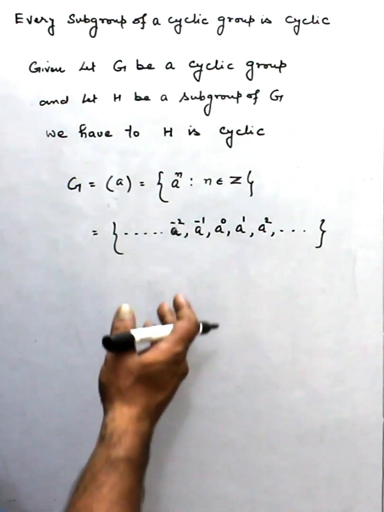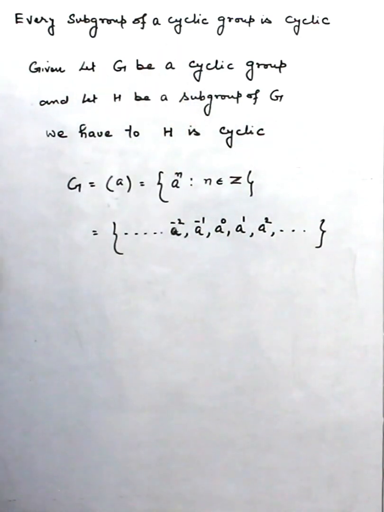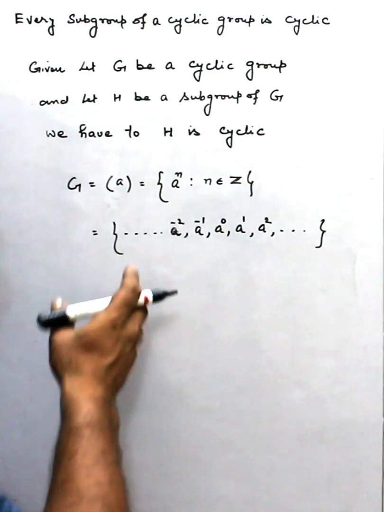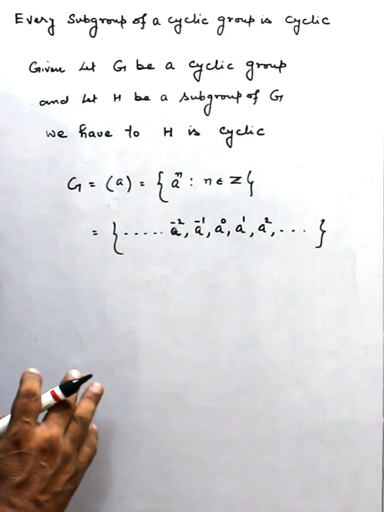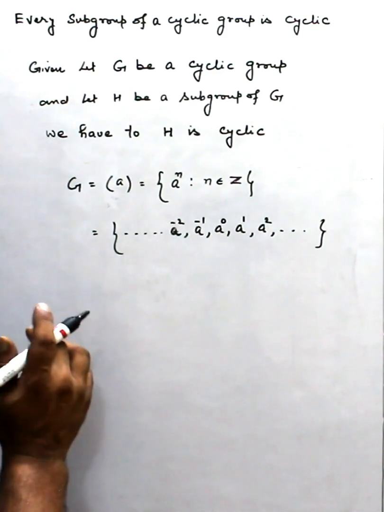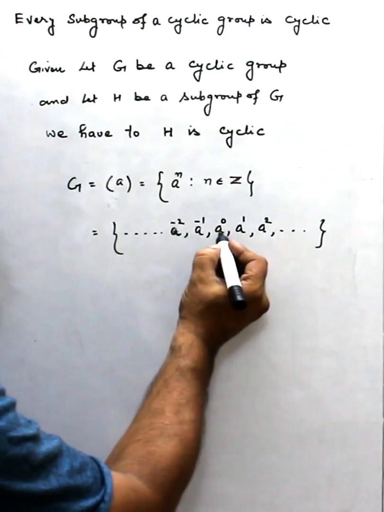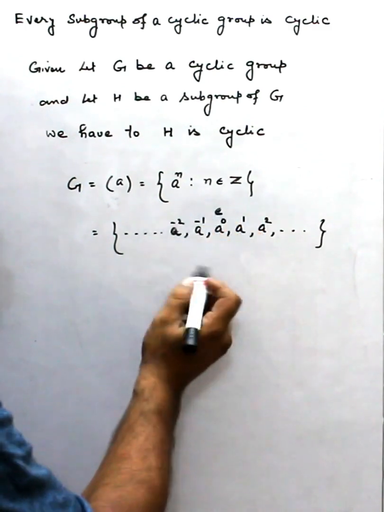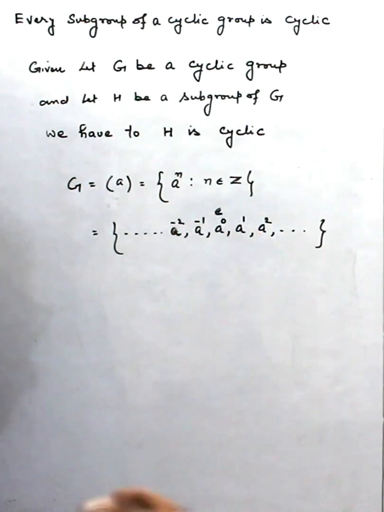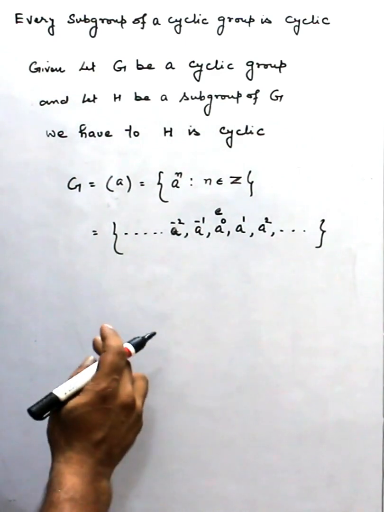It can be finite, but it is not specified whether it is finite or infinite, so we are taking it like this. And H is a subgroup. So one thing: the zero power of any element is the identity.